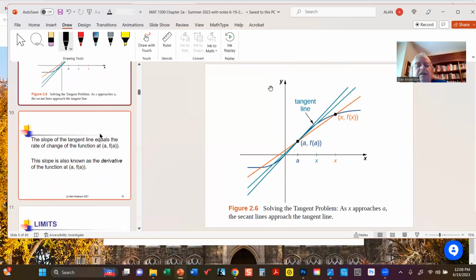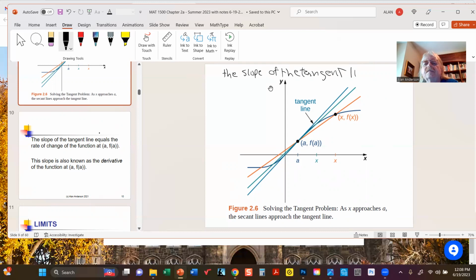In fact, just as a forecast of what's coming in chapter 3, the slope of this tangent line is known as the derivative of y with respect to x.